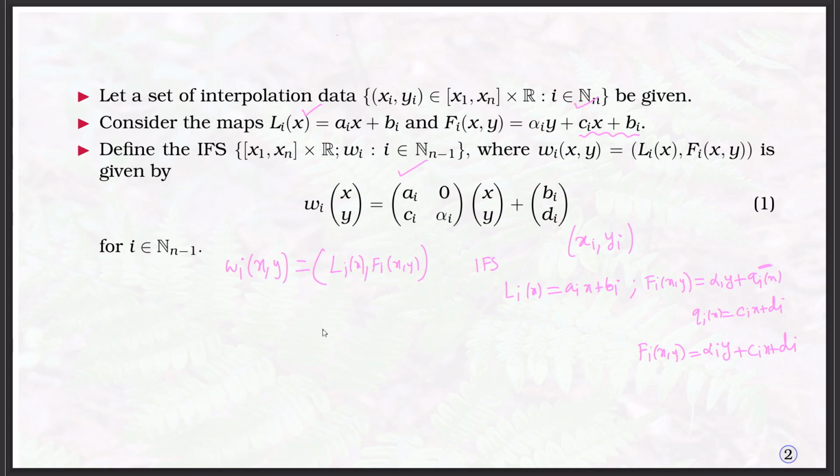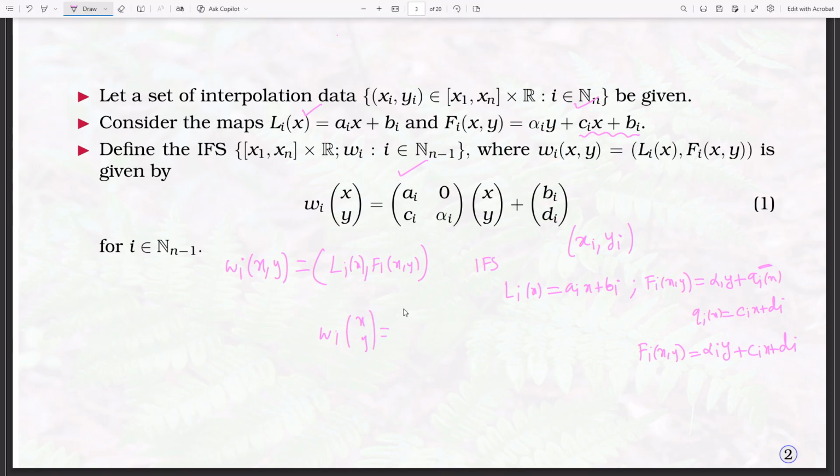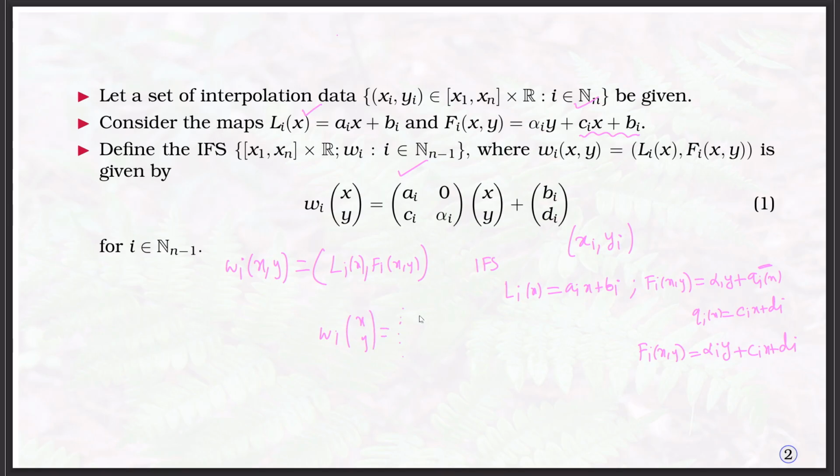That means wi of x comma y can be written in the form of the matrix ai 0, ci alpha i, times x y, plus the vector bi and di.